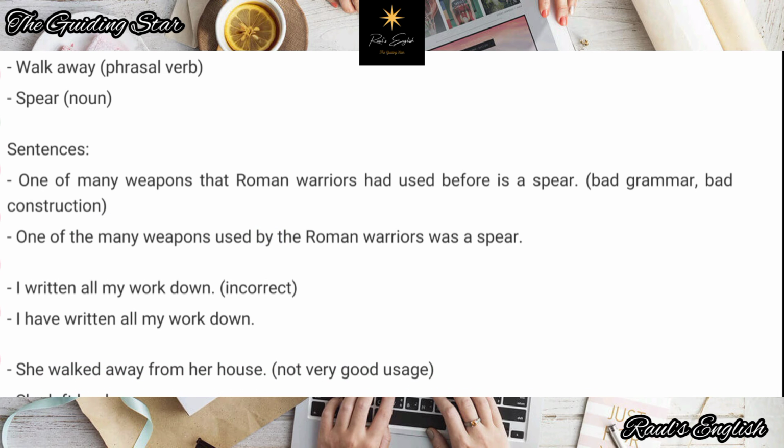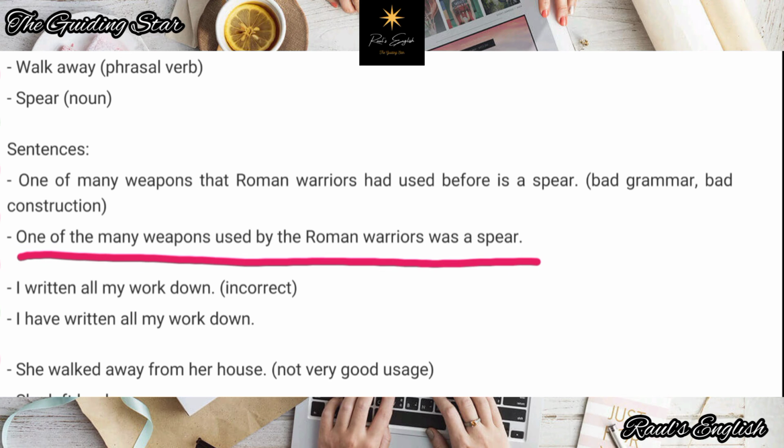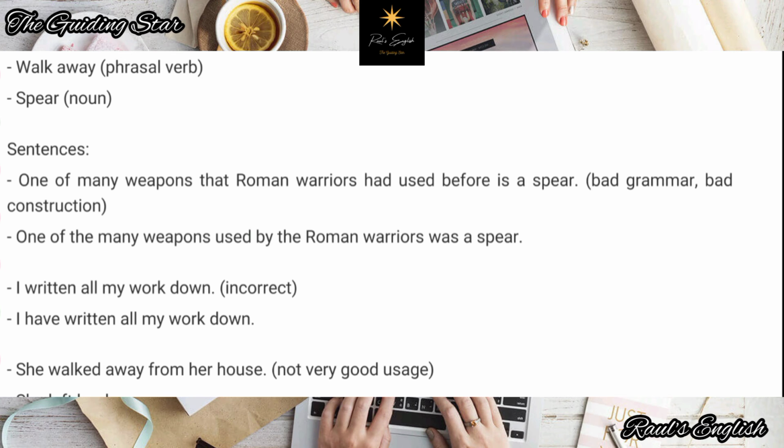One of the many weapons used by the Roman warriors was a spear. That's all. One of the many weapons used by them was a spear, or happened to be a spear. Not "is." Alright, so with "had used," then you put "is." Don't understand what you're trying to say, where your time is, where your tense is.